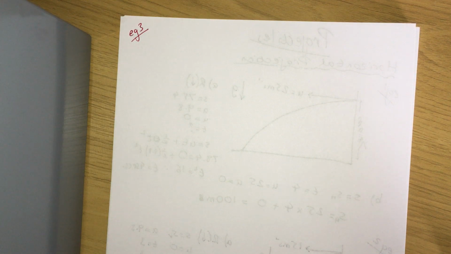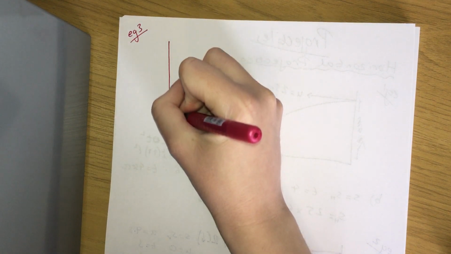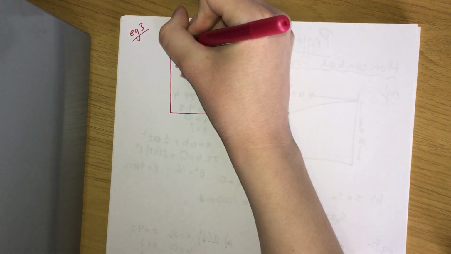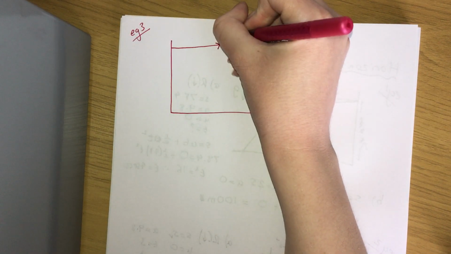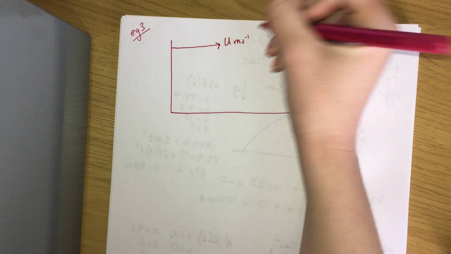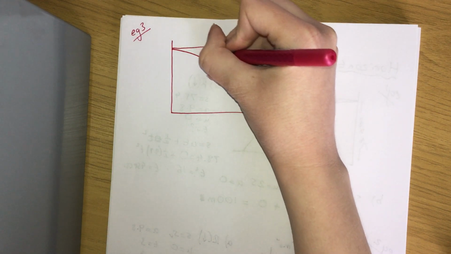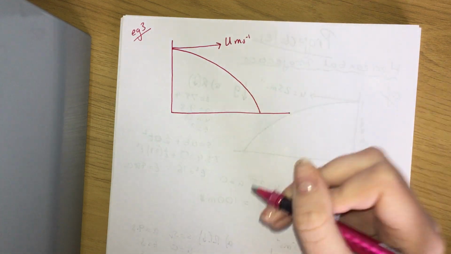A particle is projected horizontally with a speed of u metres per second from a point 122.5 metres above a horizontal plane. So I can start sketching this already. So we know it's projected horizontally, but we just know that as u. So it's obviously going down like this.